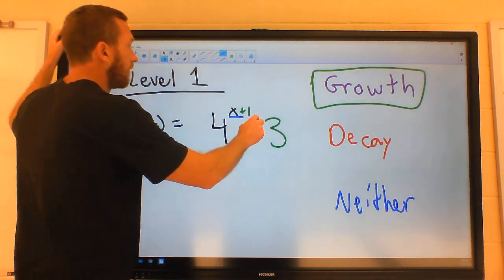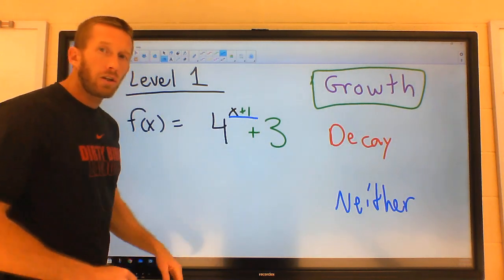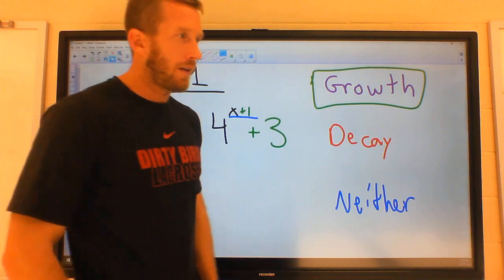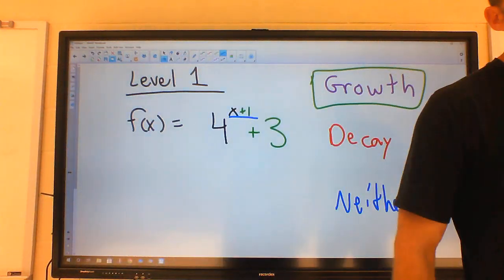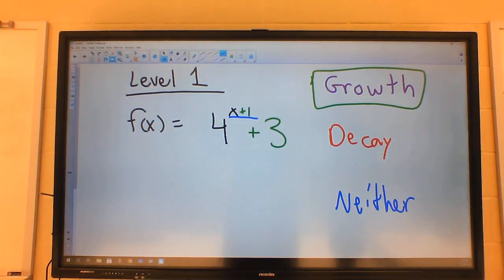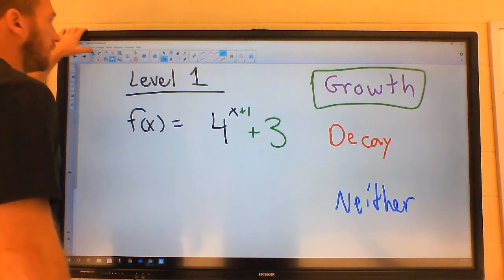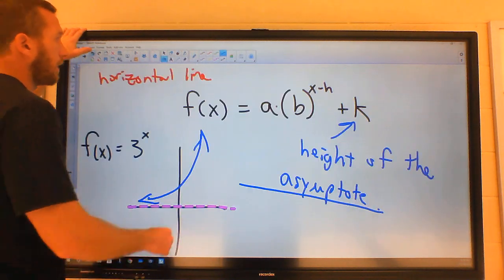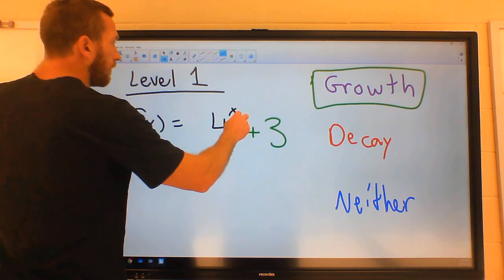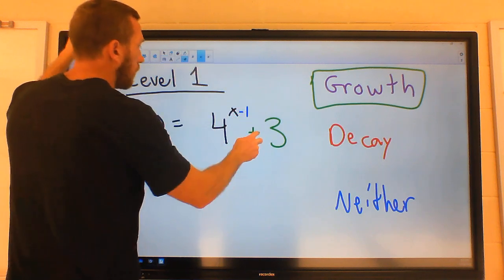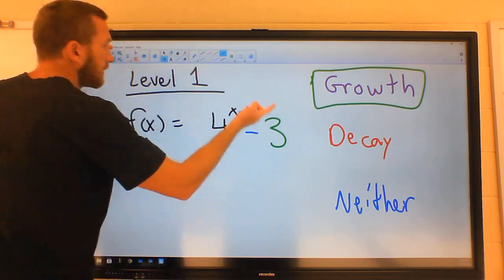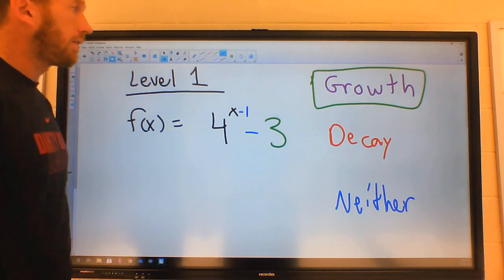What this does is change the location of the y-intercept. That's all it does. And it doesn't matter if these were negatives, like a -1 or a -3 on the outside, that still does not change it whatsoever.